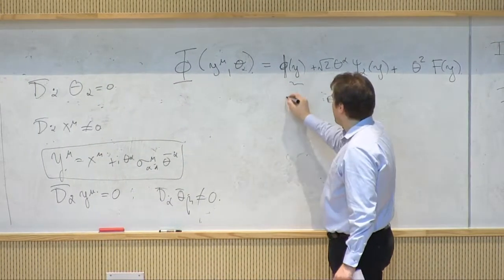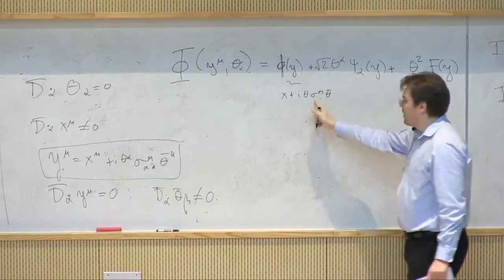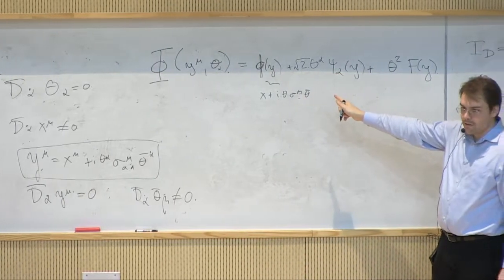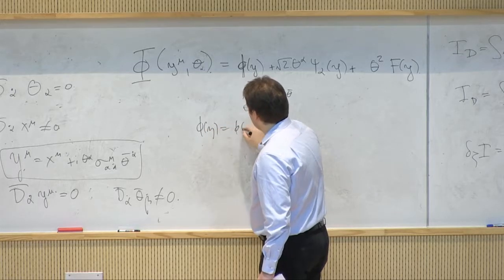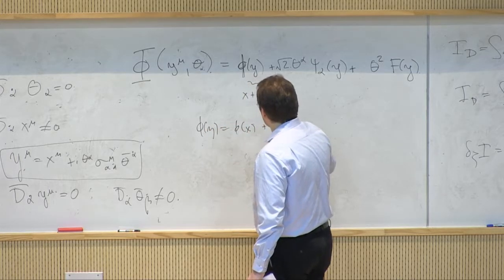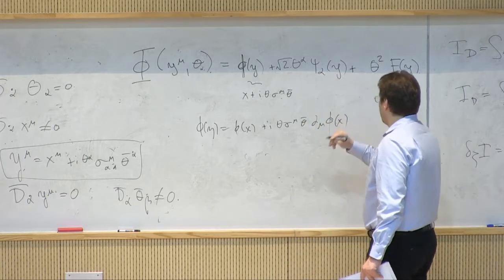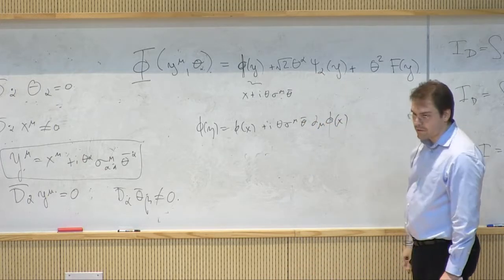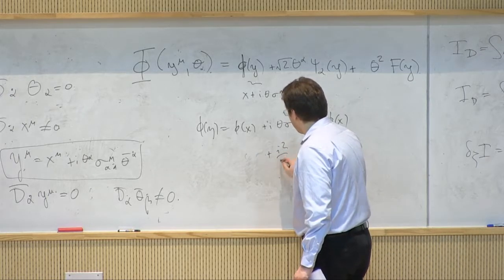You just plug in y is x plus i theta sigma theta bar, and then you Taylor expand that. Right? For example, phi of y is phi of x plus i theta sigma^mu theta bar d_mu phi of x. That's the first term in the Taylor expansion. And then there's a second order term, which is i squared over 2.